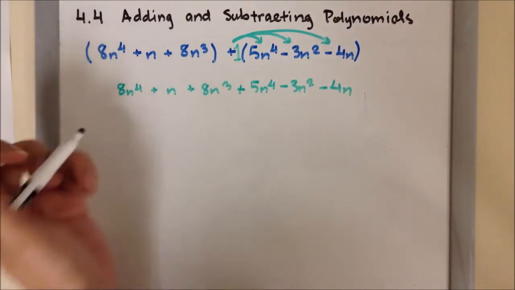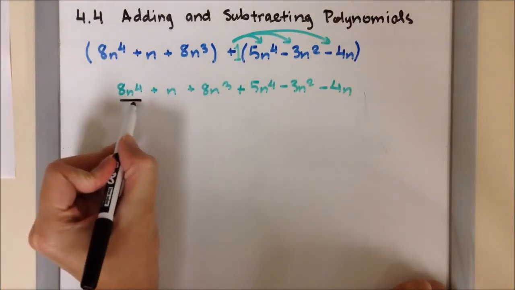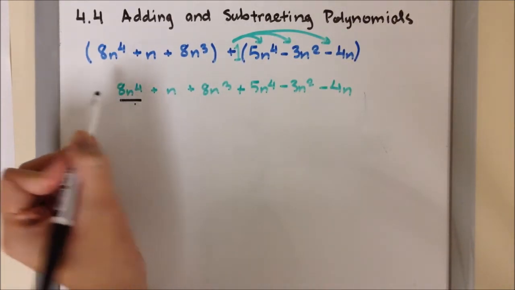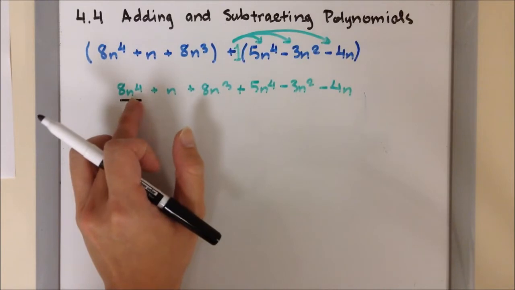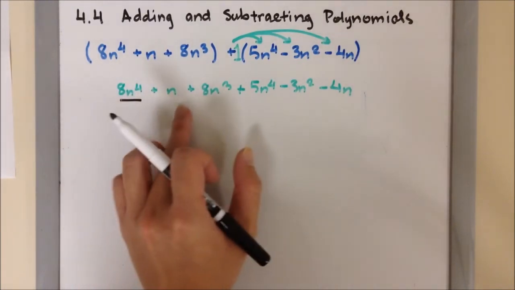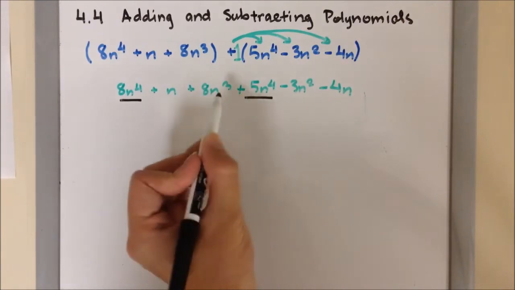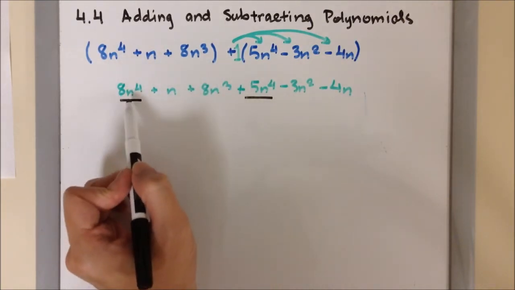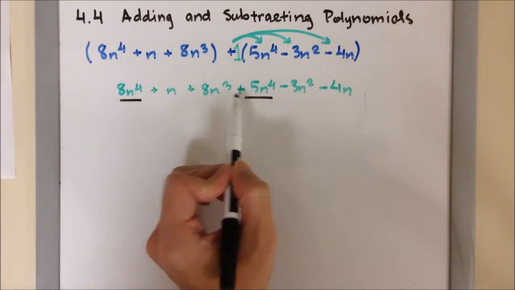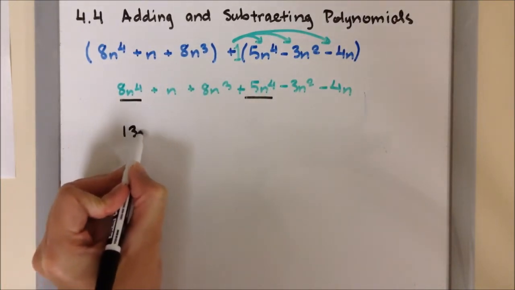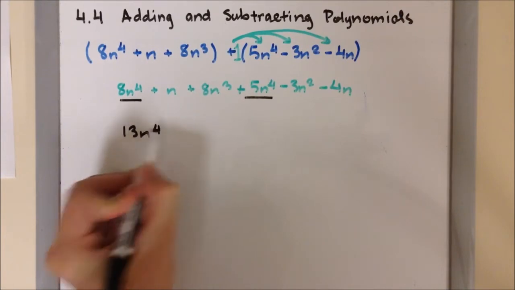So let's take a look. The first one is 8n to the fourth. So I'm going to look for any other terms that have n to the fourth. And this one has n to the fourth. So what I'm going to do is 8n to the fourth plus 5n to the fourth. That's going to become 13n to the fourth.